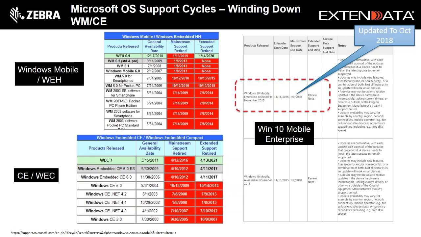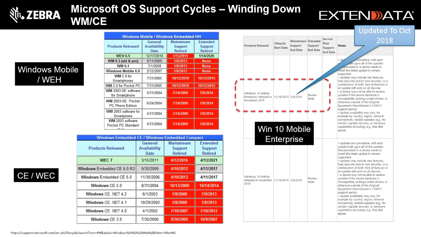Only patches. So new security protocols that have come up like TLS 1.2 or SHA-2, for the security folks out there, the reality is those are not getting introduced into this operating system. Those are new security protocols. The only thing that Microsoft will give you is patches for what exists there today.